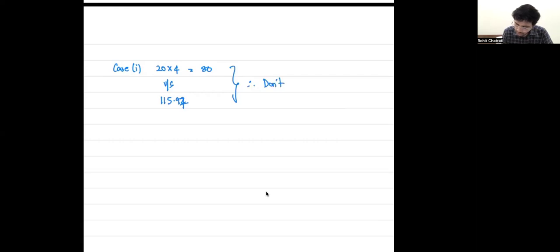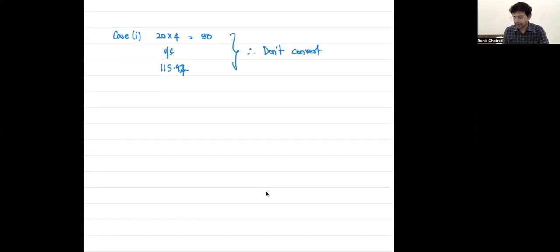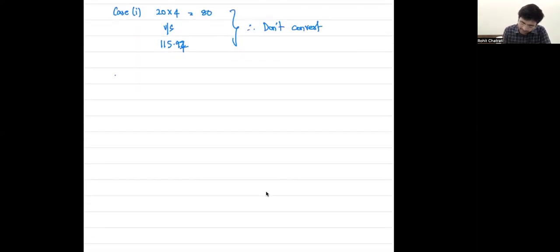I will continue to hold the bond for the next 5 years and I will receive redemption value at the end of the 5th year. Under case 2, the value of the equity share was 5 rupees. So it will be 100 versus 115.97. What am I going to do in this case? I'm still going to hold. Still don't convert and hold the bond.